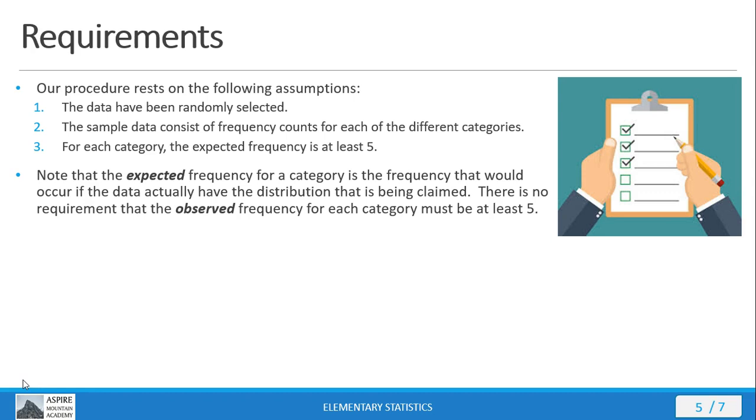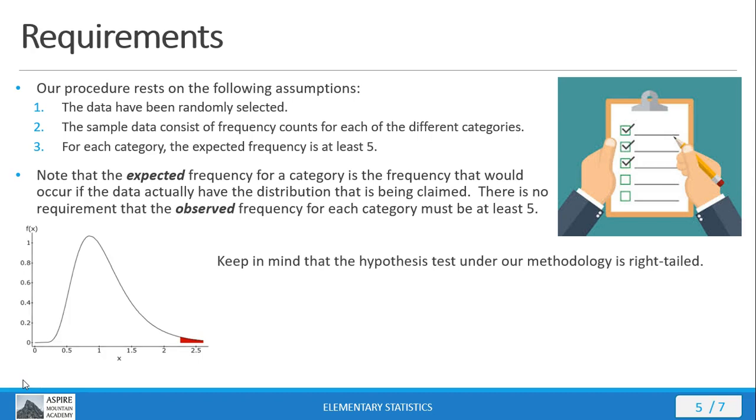But in order to match it to a specified distribution, we have to expect to get a frequency of at least 5 for each category. If we're not going to get at least 5 from the expected frequency, then the statistics behind the scenes just don't work out to where you can actually say with certainty whether it's a match or not.